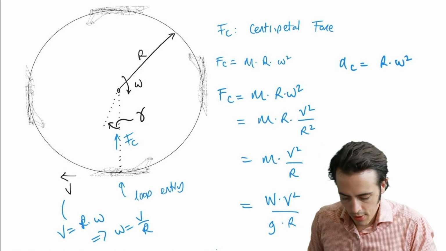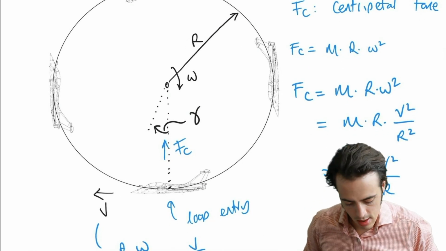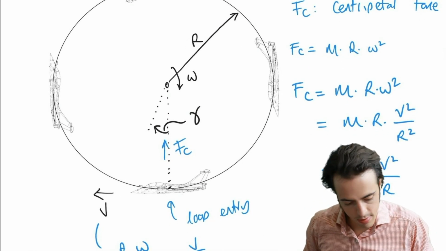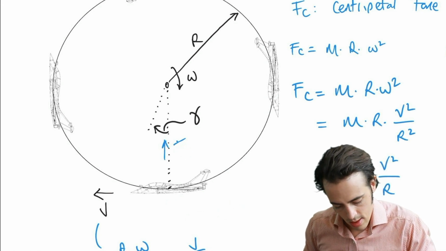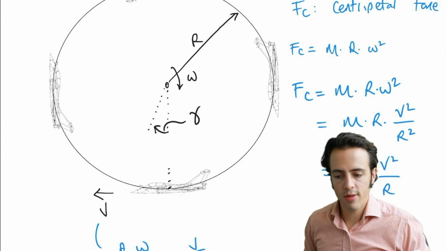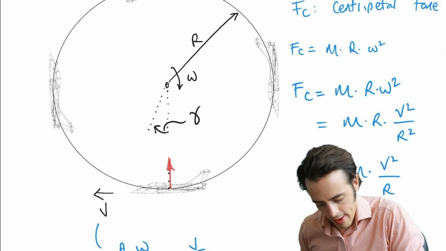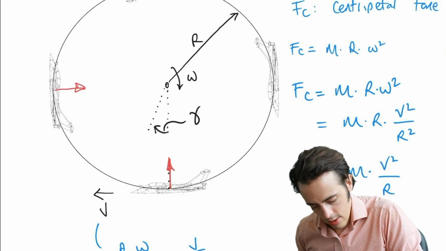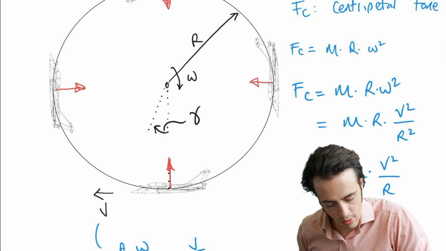So let's have a look at the forces present on our aircraft. I'm going to get rid of some of the writing on here. Let's get rid of loop entry, get rid of Fc. Let's draw our lift on the aircraft. So lift is always in this direction. It's always going to be towards the center because it's going to be normal to whatever the flight speed is.